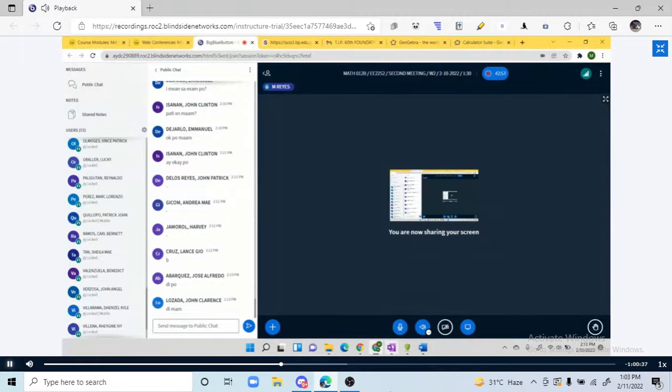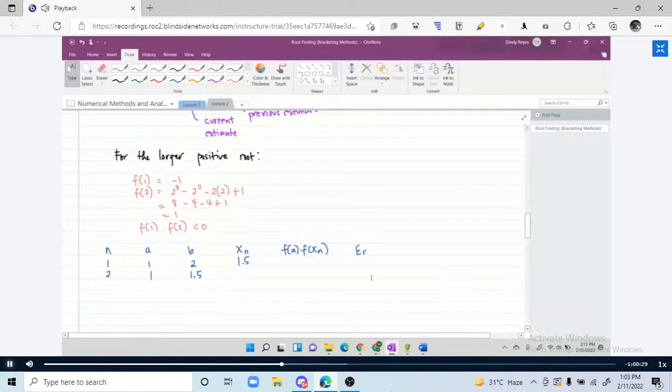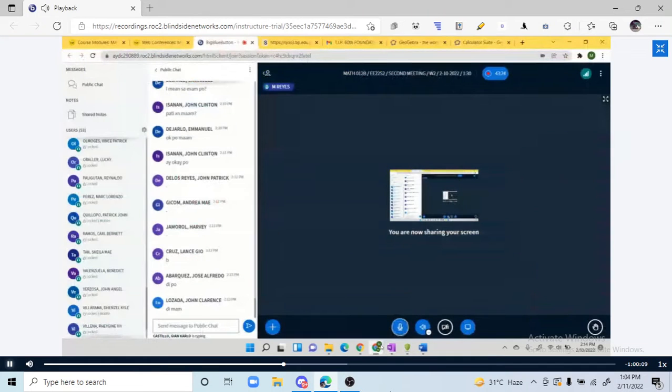Dapat positive ang lalabas para ang papalitan natin A. This should be positive, so that we change A to x sub n. This is from 1.5, and then we retain the value of B, 2. So 1.8 is still in between these two, right? Kindly check. If it's really negative, then there's something wrong with what we are doing.